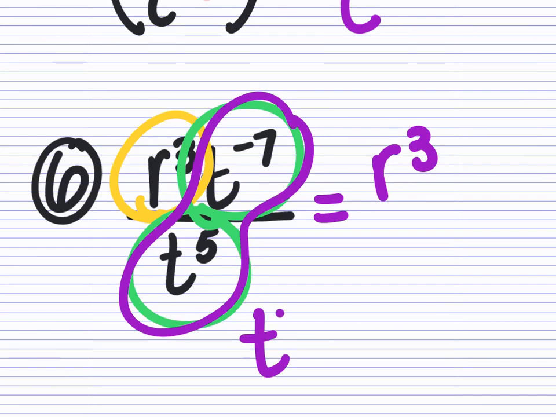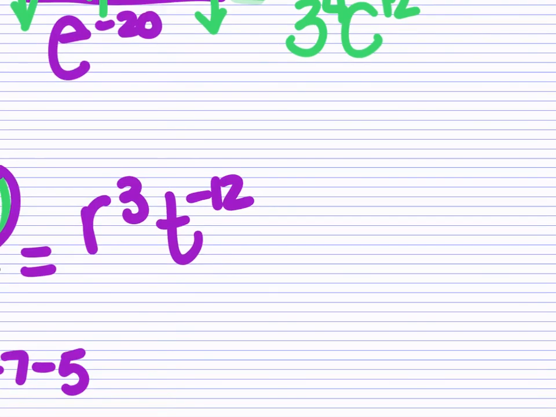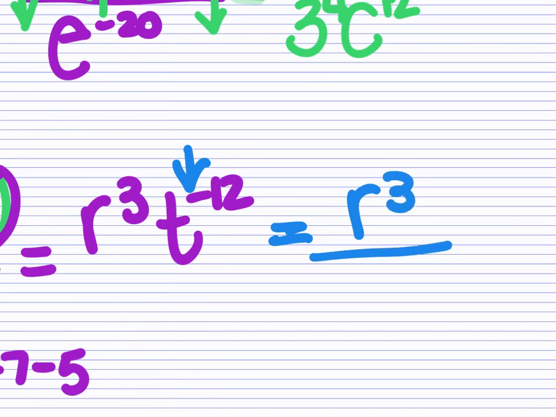So t to the negative 7th minus 5 gives me t to the negative 12th. Now looking here, I have a negative exponent. I'm not allowed to have that. So that's going to move to the bottom. So I'll get r to the 3rd over t to the 12th.